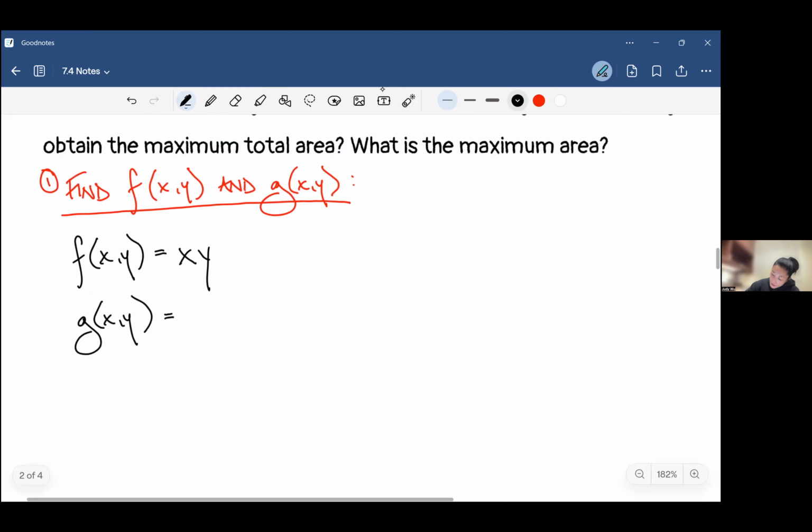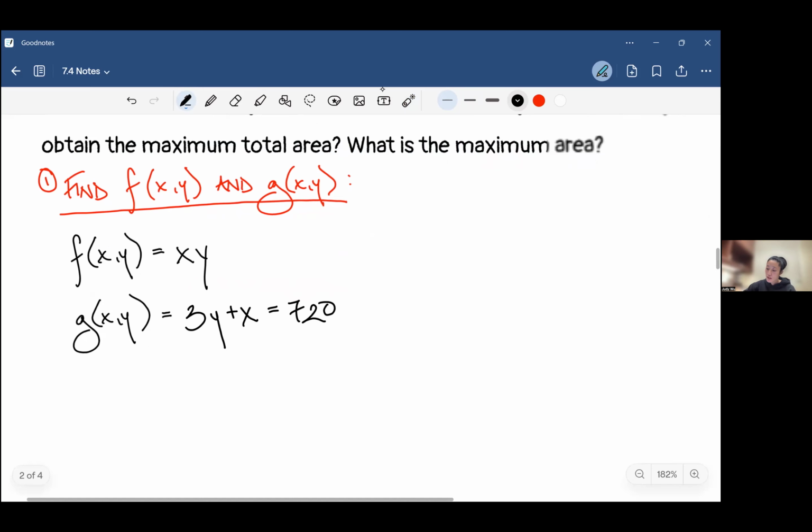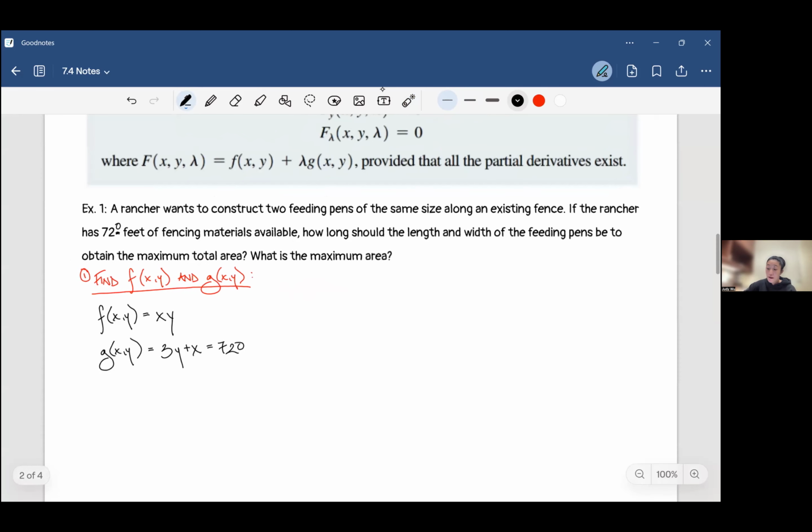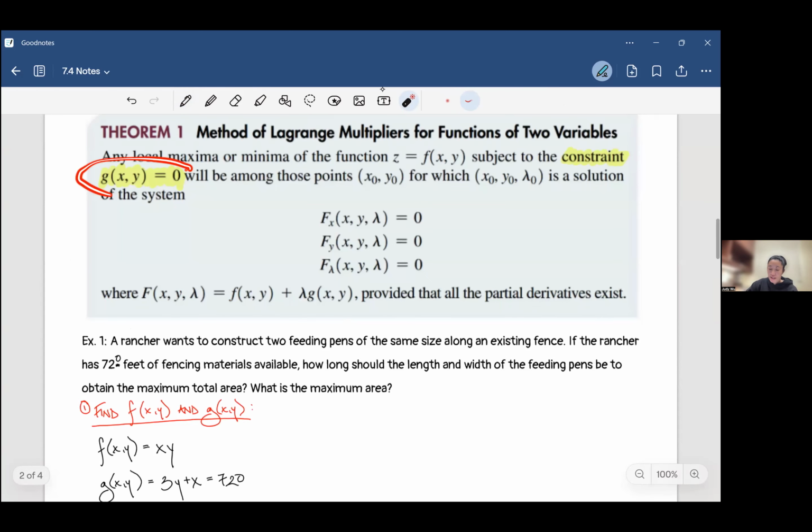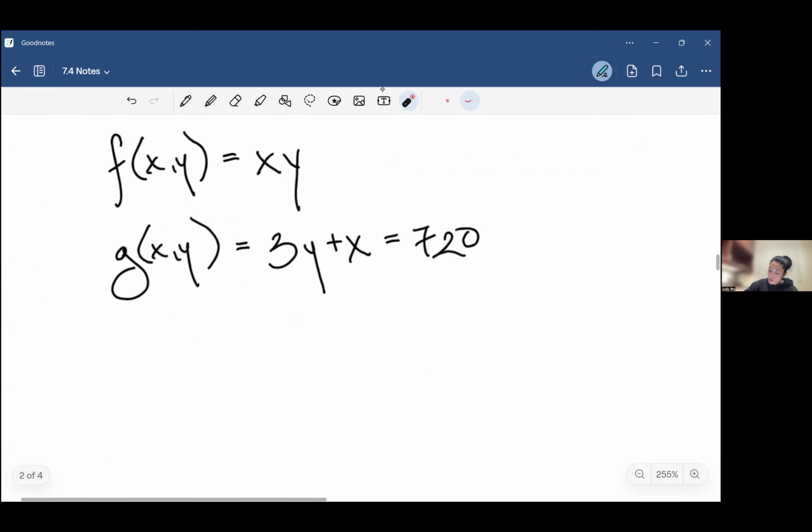So we have 3y plus x equals 720. That's the same equation that we had from before. But if we look back at what I highlighted earlier, I said g of xy has to be equal to 0, and right now, I have g of xy equals 720.